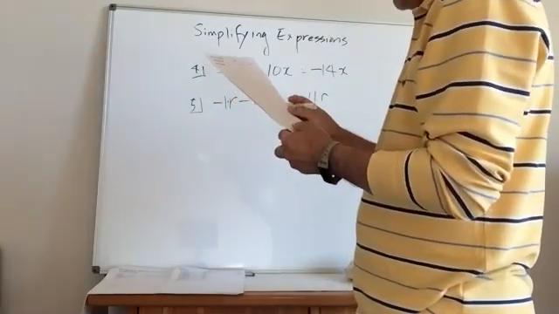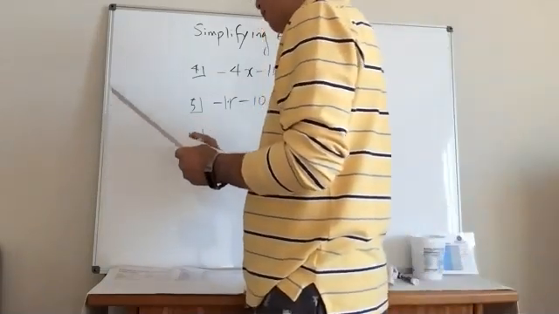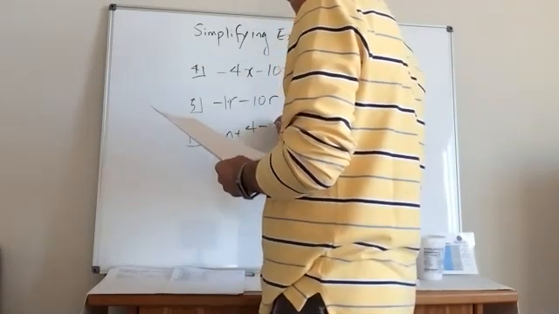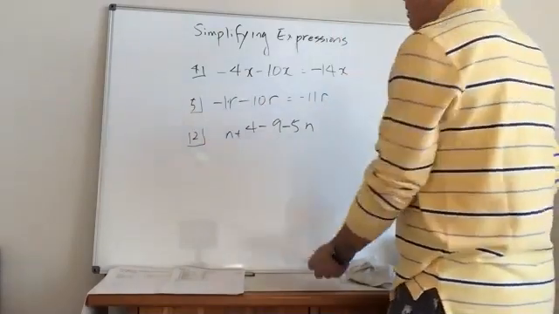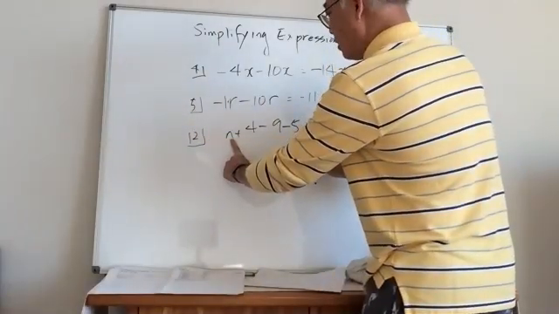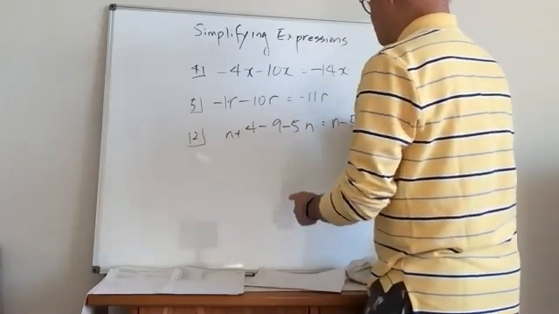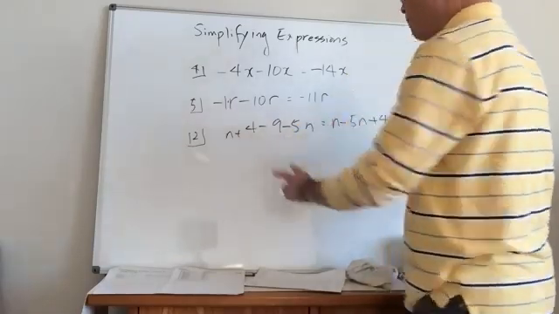Okay? So let's go down to number 12. I'm going to skip to number 12. N plus 4 minus 9 minus 5n. On this one, I have these 2 that have n's, so I can combine these 2 together. It'd be n minus 5, I'm just rewriting it at this point, plus 4 minus 9.